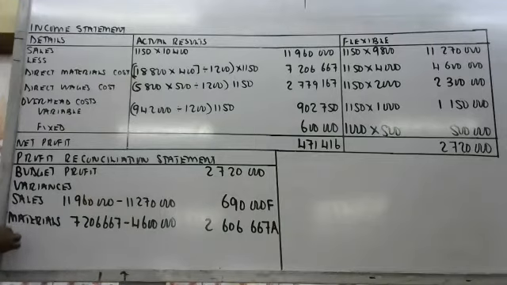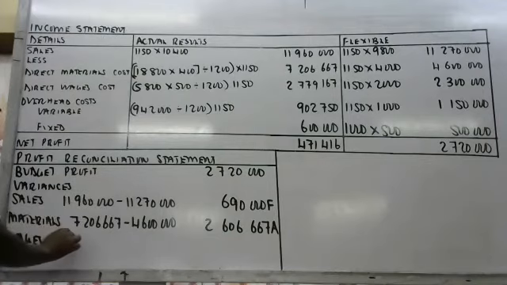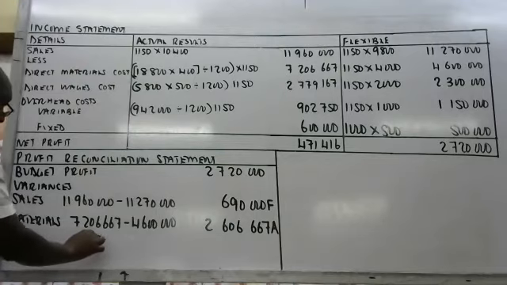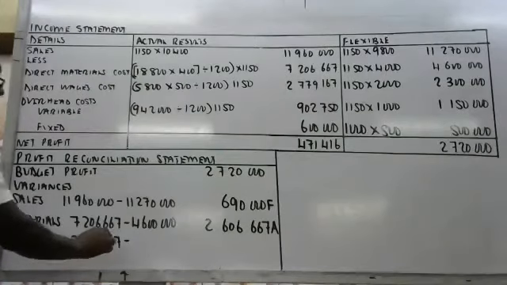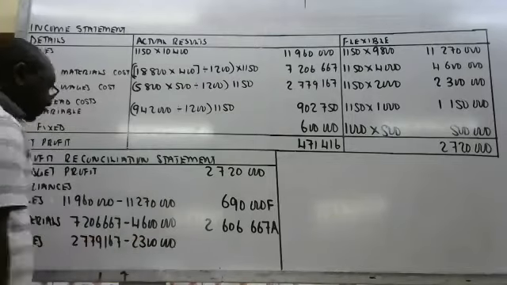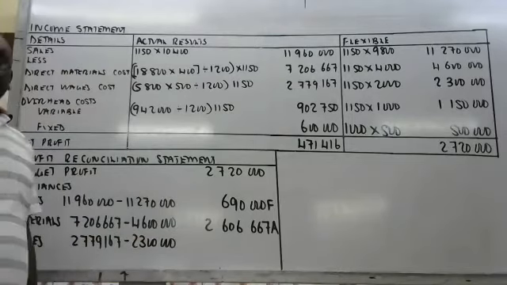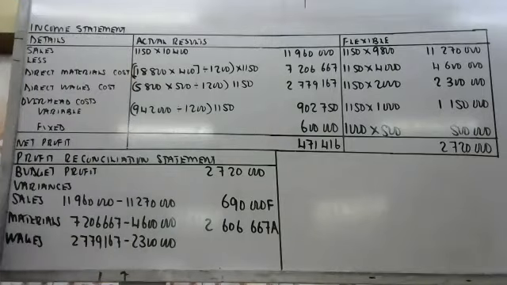We got wages. Wages, the actual results were 2,779,167. And the budget was to be 2,300,000. So give me the figure.